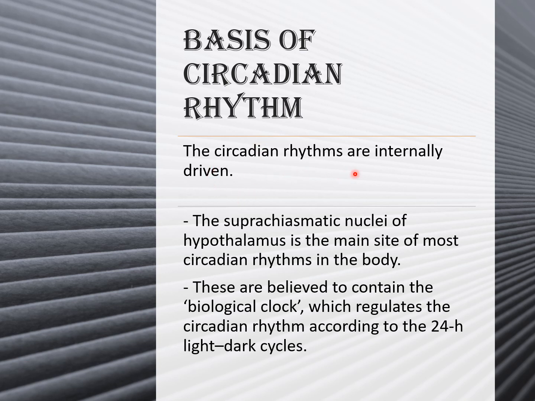Circadian rhythms are internally driven. The suprachiasmatic nuclei of the hypothalamus are the main site of most circadian rhythms in the body. These are believed to contain the biological clock which regulates the circadian rhythm according to the 24-hour light and dark cycles.